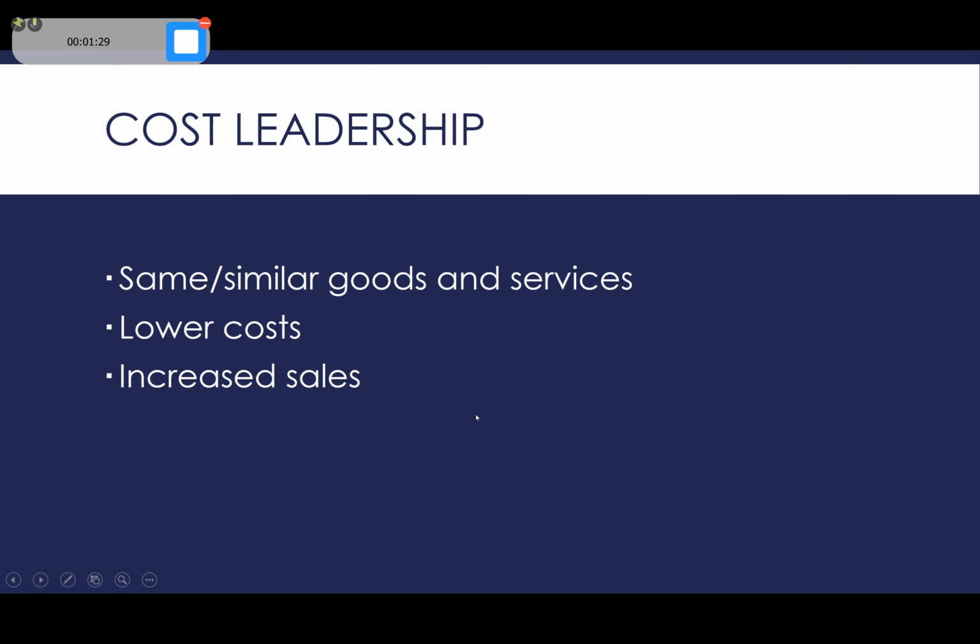So let's have a look at cost leadership first of all. Basically, an organisation, because this can be applied to the public sector as well, so it's not just for the private sector, but an organisation that has a cost leadership strategy will be focused on trying to keep their costs to a minimum. It doesn't necessarily mean that they're producing really, really cheap products.